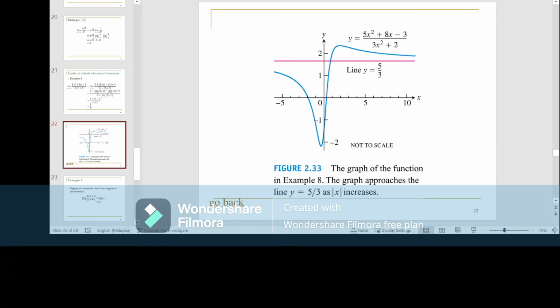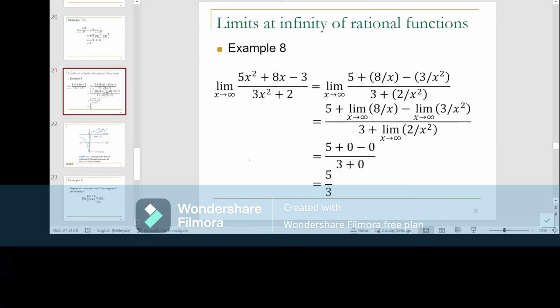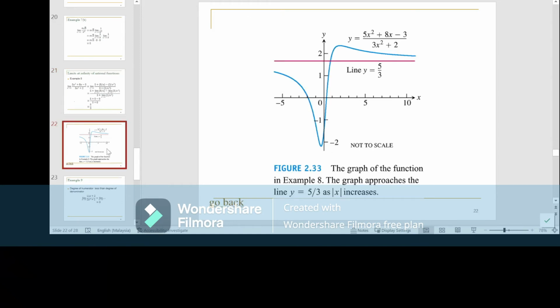When you plot the graph of the function in example 8, you get this, and you can see that the line of y equals 5 over 3 is the so-called horizontal asymptote, and the function would tend towards the asymptote when x tends to very large.